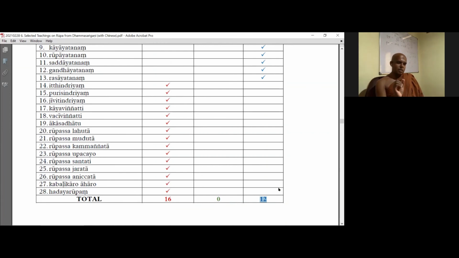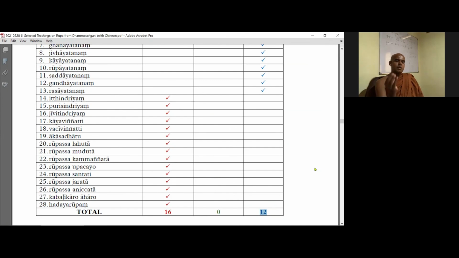One more thing you should understand. Before, I already explained about the heart base. The heart base is not included in the Dhammasangani rupa chapter, but the commentary also explains why: because we already explained it under the chitta. That's why we need not explain it again.